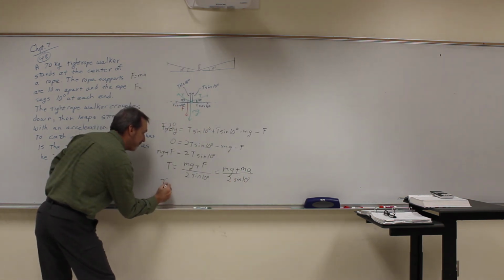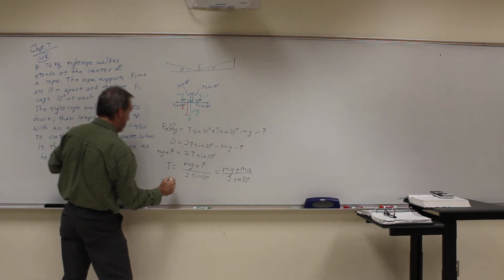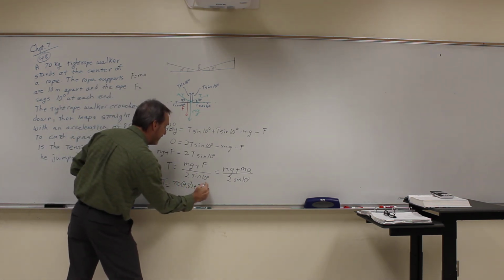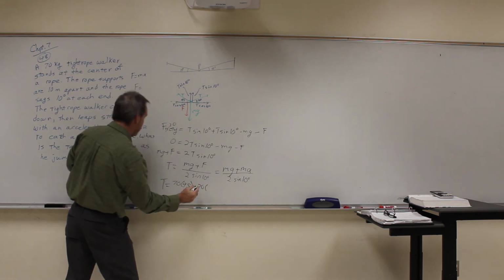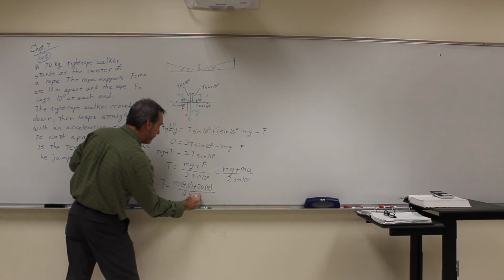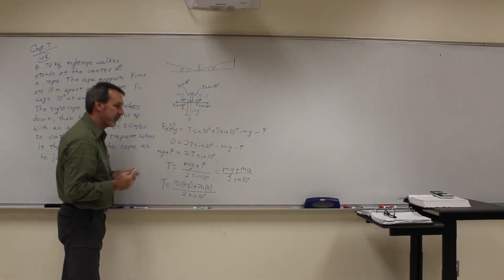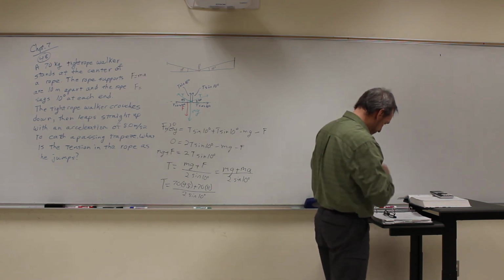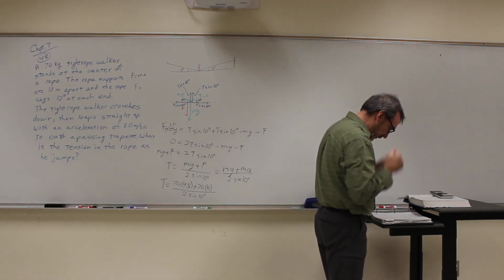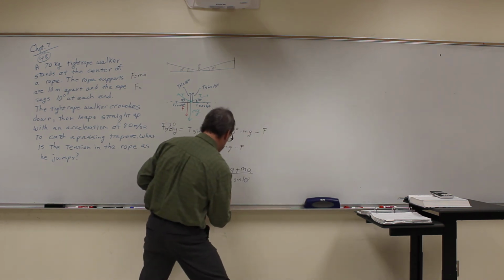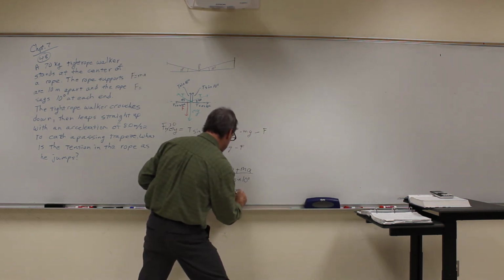We can plug in the numbers, and this is 70 times 9.8 plus 70 times his acceleration, which was 8, all divided by 2 times the sine of 10. And if you do that, you get a value of 3,590 newtons.